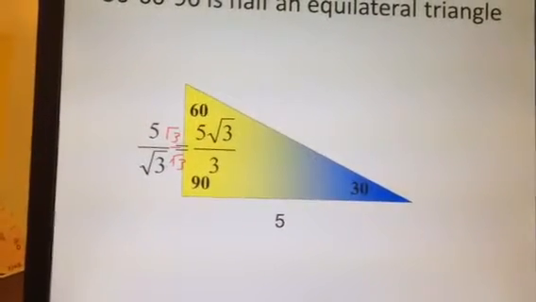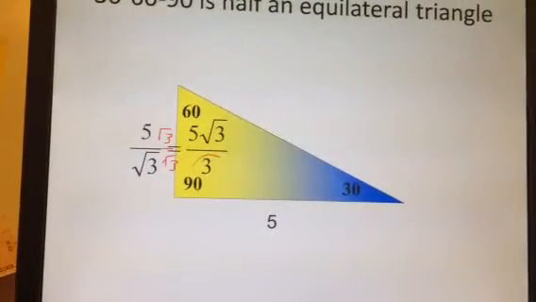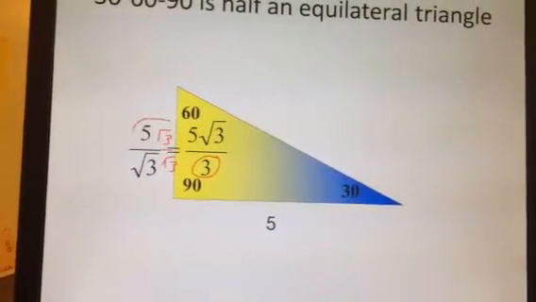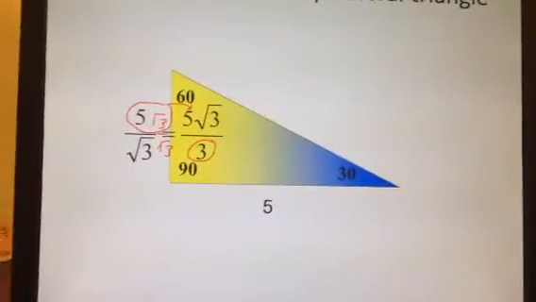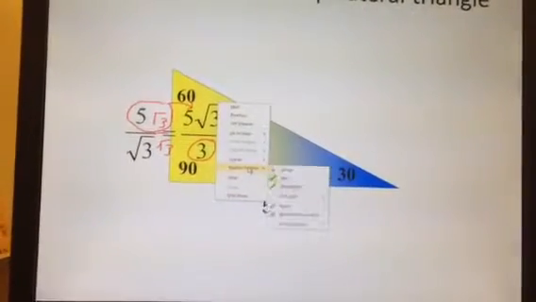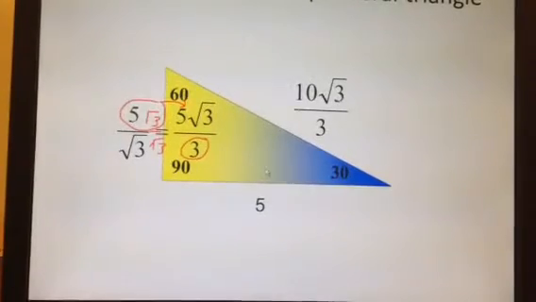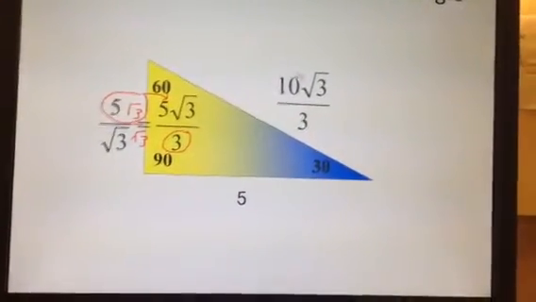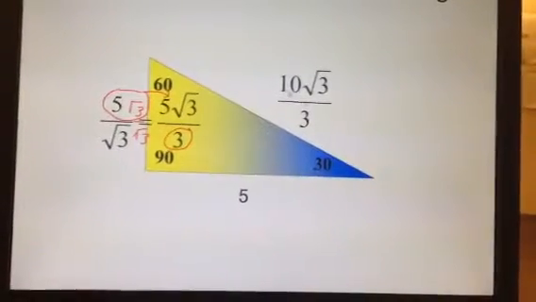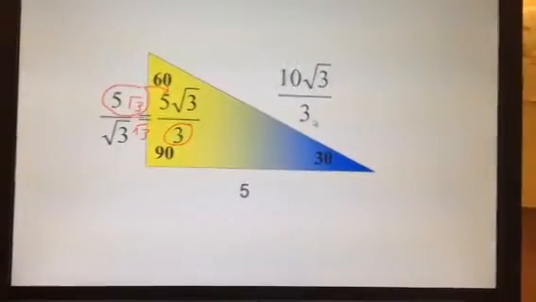Square root of 3 times square root of 3 is square root of 9, or 3. And then this is what's left over in the top. Okay, so that's that same trick we saw before, just done much quicker. All right, and then over here, when I double this, I'm only doubling the numerator. I don't double the denominator. It's 10 root 3. So take a look at that.